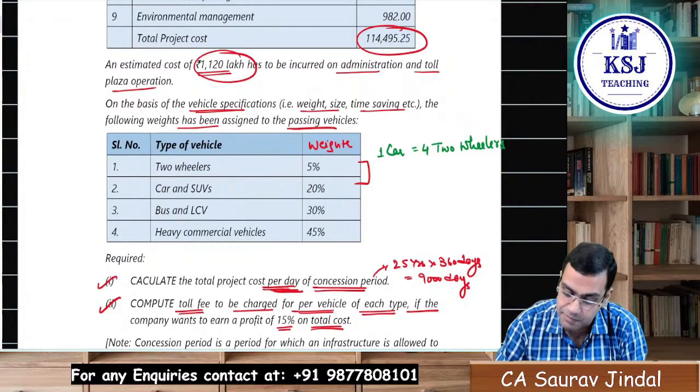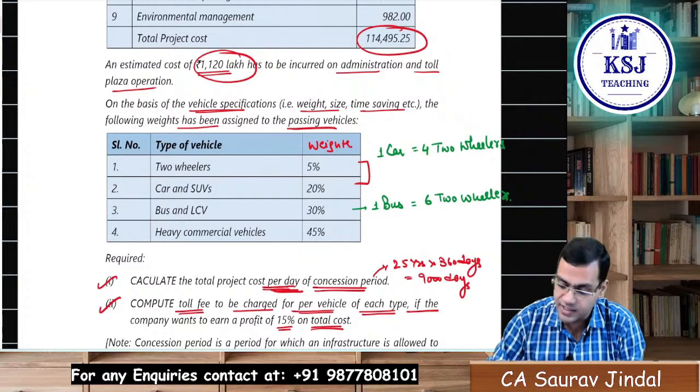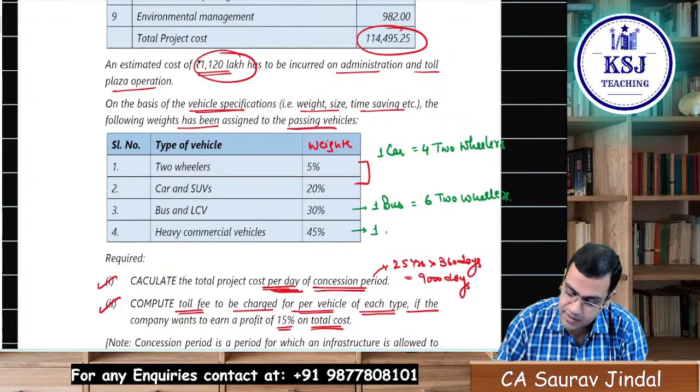And if you take bus and LCV, can I say that one bus and LCV is equal to 6 two-wheelers? And heavy commercial vehicles, can I say that one heavy commercial vehicle is equal to 9 two-wheelers? I can say this now, right?